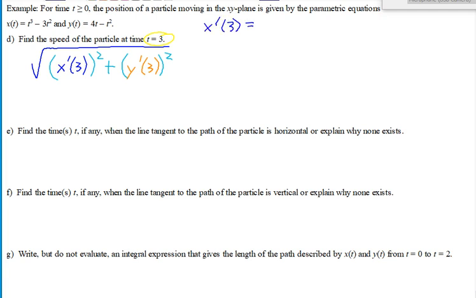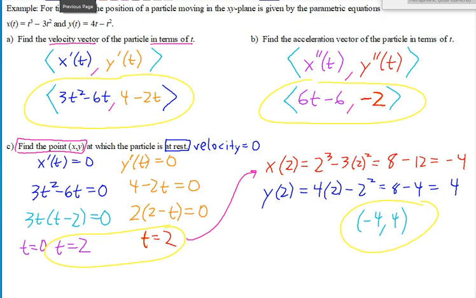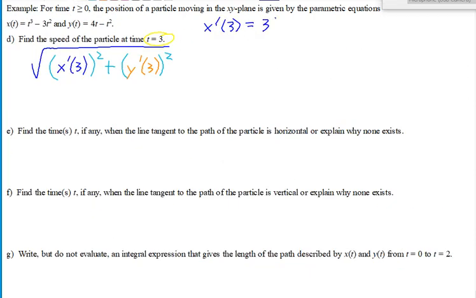But remember, we already found it back in part A. That was our two components of our velocity vector. So that was 3t squared minus 6t. So that'd be 3 squared minus 6 times 3. Well, 3 squared is 9 times 3 is 27, minus 18 gives you 9.